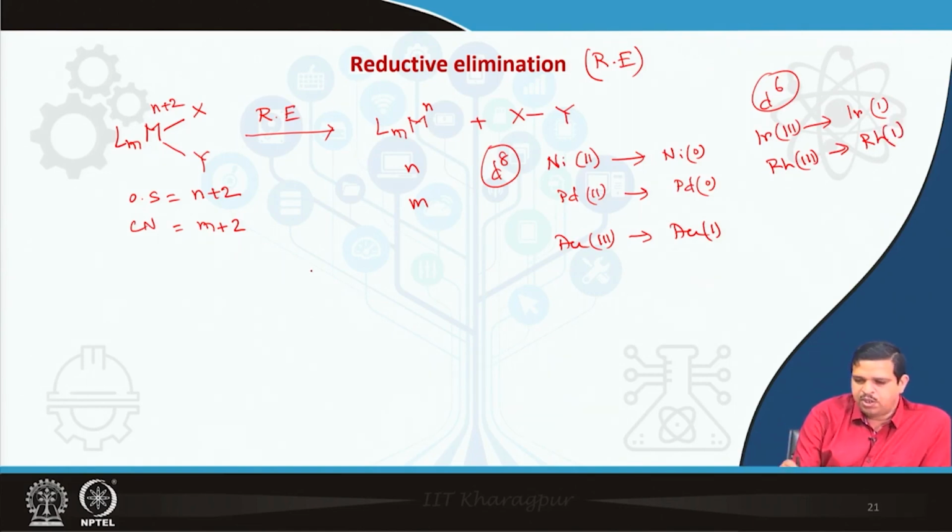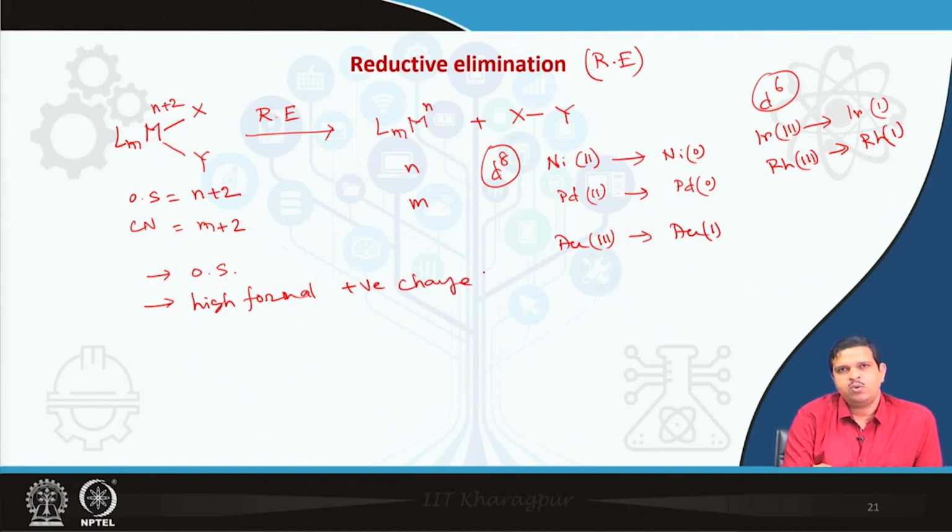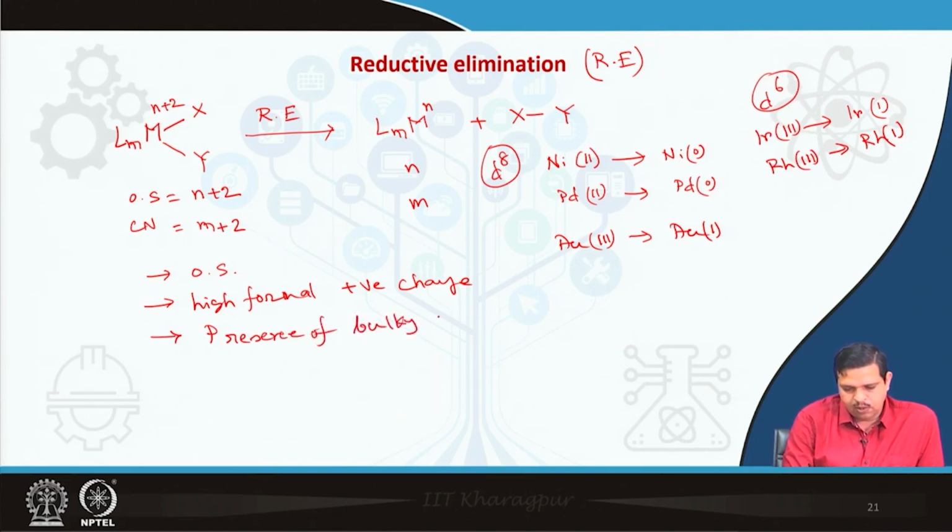So, what are the criteria as I mentioned: you will have two stable oxidation states separated by 2, and apart from that, a high formal positive charge, because if there is a high oxidation state, it will be happy to come to the lower oxidation state or lower positive charge, and the presence of bulky ligands.